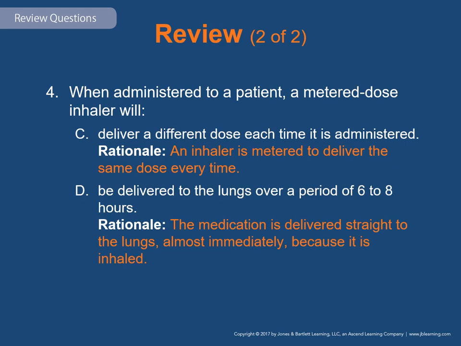C, deliver a different dose each time it's administered. Well, if it's metered, it can't give you anything but the dose that it's metered to. So C is incorrect. And D, be delivered to the lungs over a period of 6 to 8 hours. That is incorrect because the medication is delivered straight to the lungs almost immediately because it's inhaled.